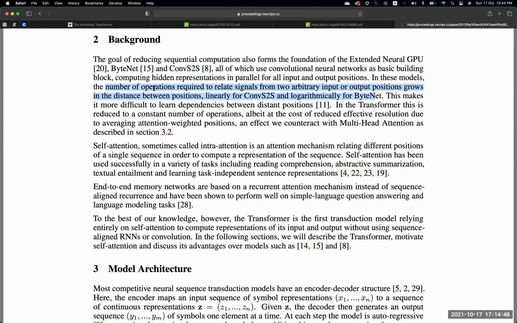So this was one of the problems with convolutional neural networks: the relationship between distant data points can be linear in time, if you try to access it using the convolutional architecture in its very generic form, or you can say without any tweaks, it is usually linear.